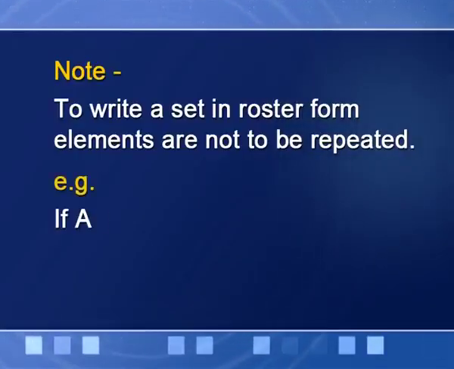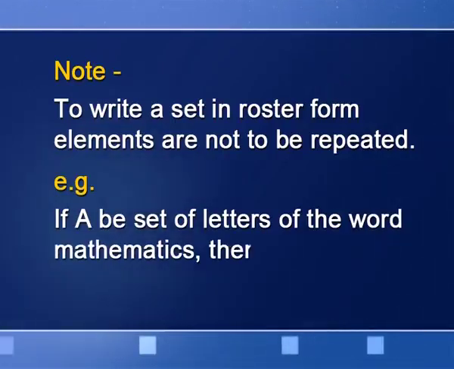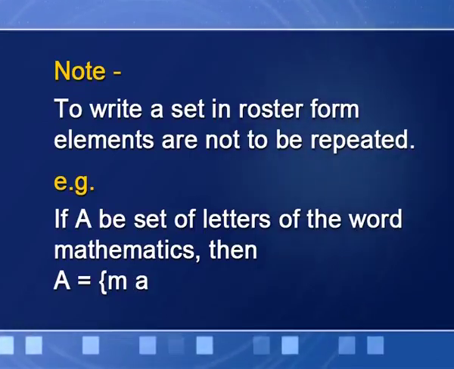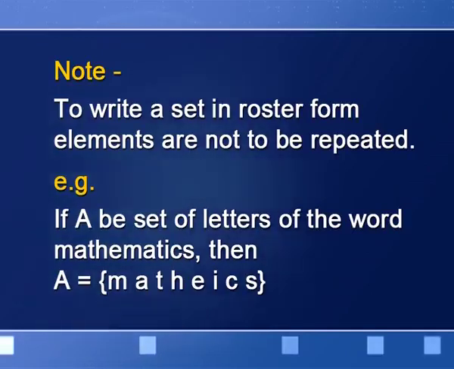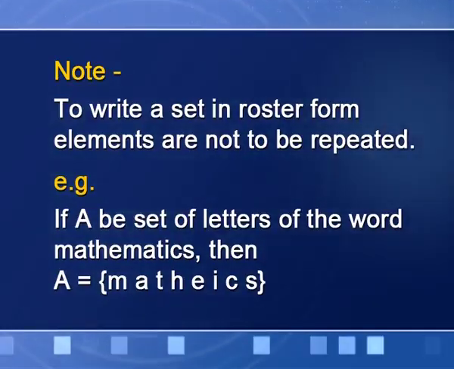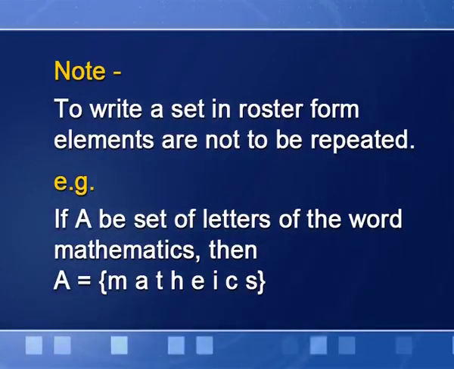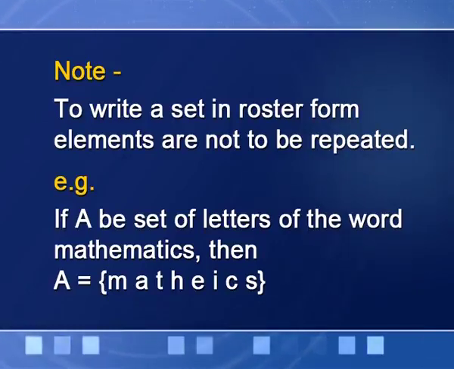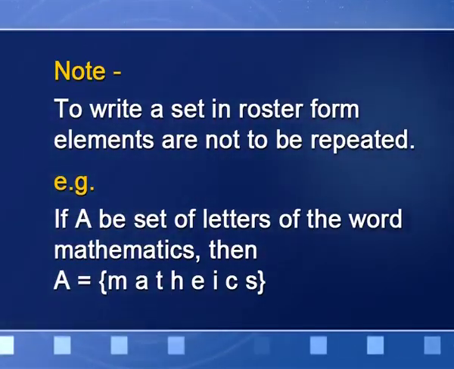For example, if A is the set of letters of the word mathematics, then the roster form of it will be M, A, T, H, E, I, C, S. What we are observing here, friends, is that the letter M is repeating, T is also repeating, and the letter A is also repeating 2 times. But when we write the roster form of it, we take these letters once only.